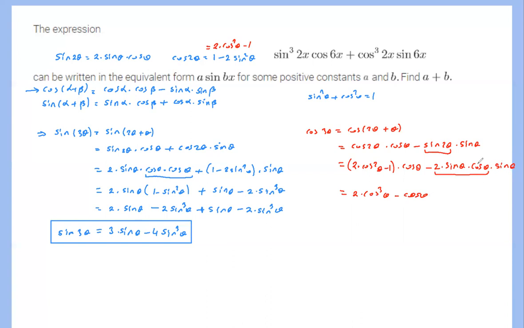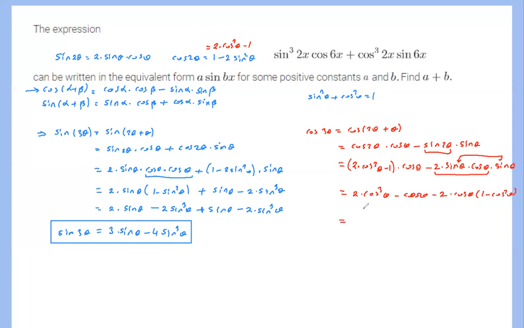But you know, we have sine and sine, which we don't want. So if you multiply these two, you get sine squared theta. And in this Pythagorean identity, sine squared theta is 1 minus cosine squared. So let's pull those: minus 2 times cosine theta times sine squared, which is 1 minus cosine squared theta.